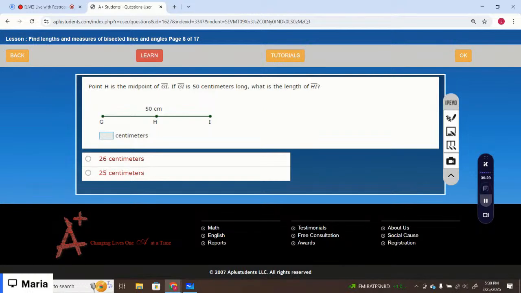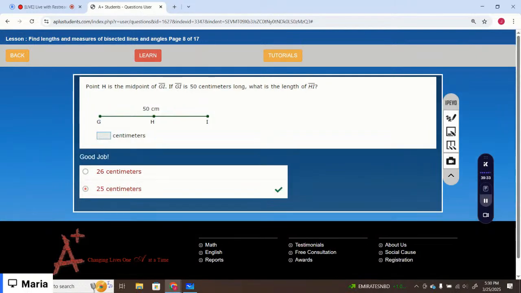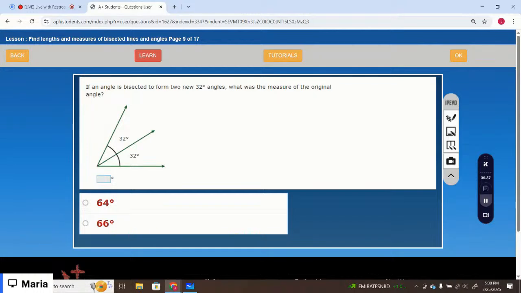Point H is the midpoint, so that is 25 centimeters. Option number 2 is the correct option. Okay, you can complete the lesson by yourself later today.